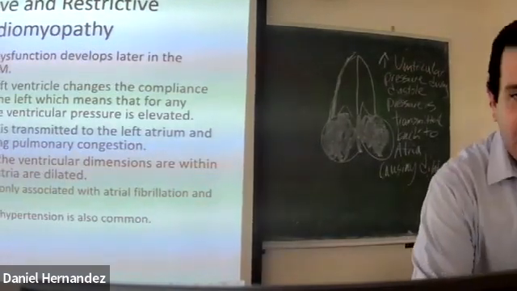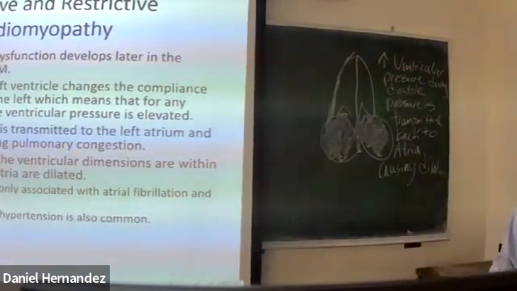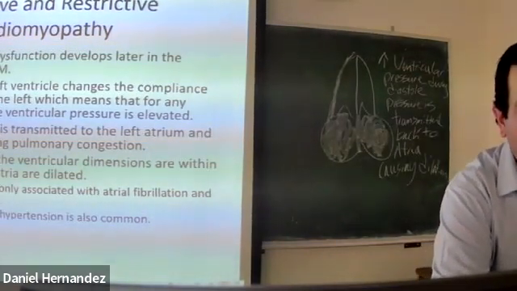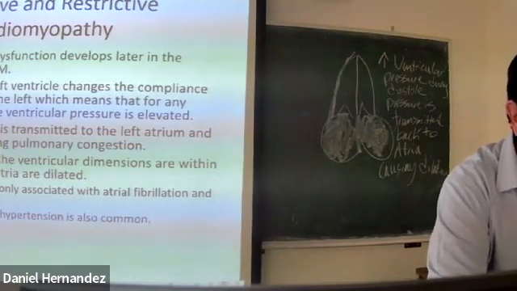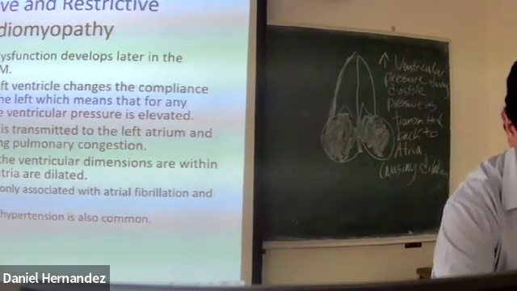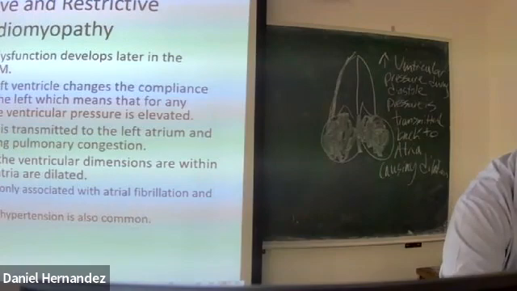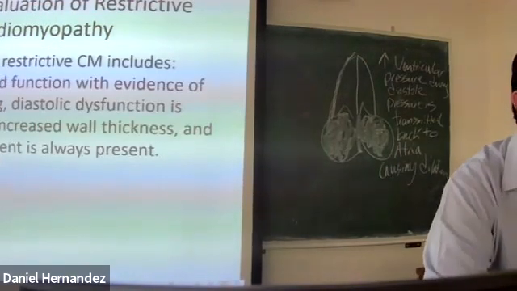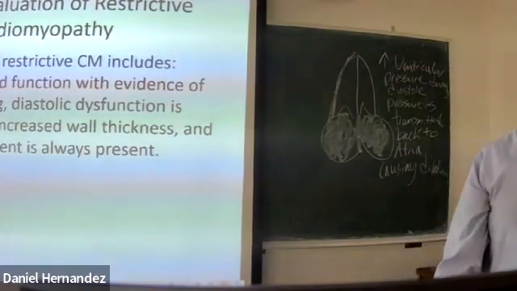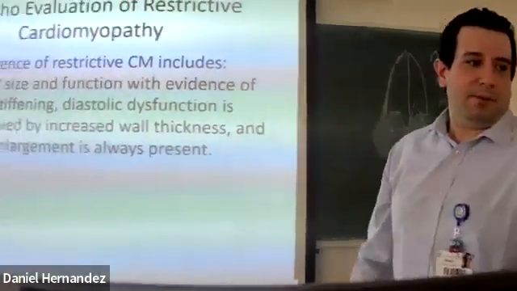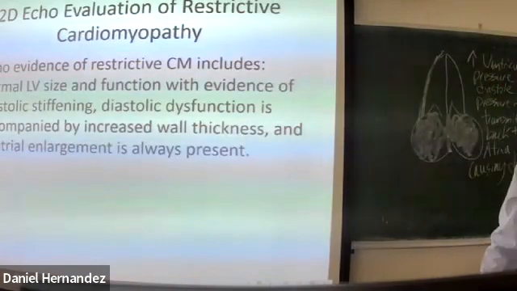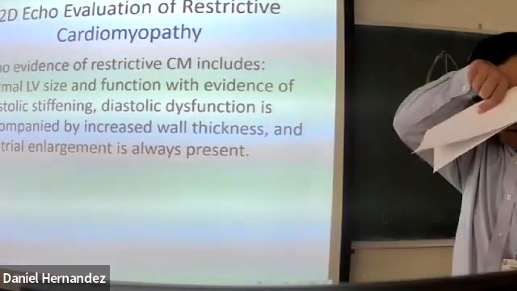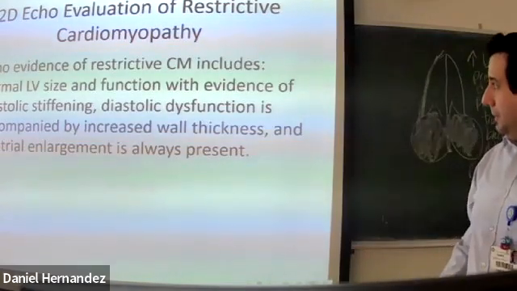So biatrial enlargement, large dilated atria, normal sized ventricles, stasis of blood within the atria. Patients typically have AFib. Again, pulmonary hypertension is common. Again, so with restrictive cardiomyopathy, there's normal sized ventricles or normal sized LV with normal systolic function.